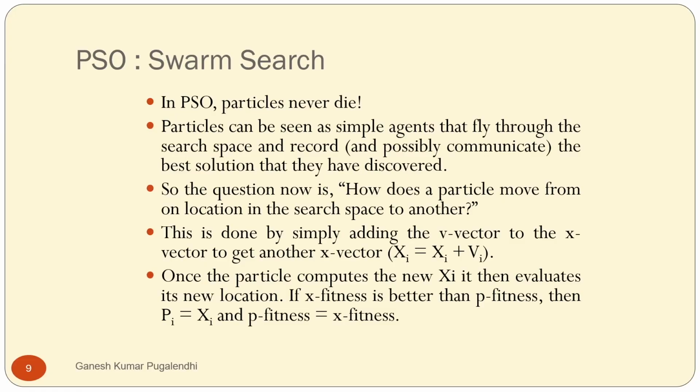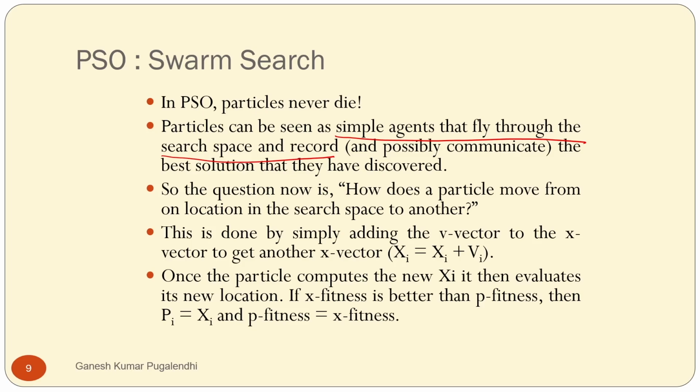But here particles can be seen as simple agents that fly through the search space and record the best solutions that they discover. Maybe they communicate with the neighborhood also. So every time, these particles act as agents flowing towards the position that they can record and also recover.